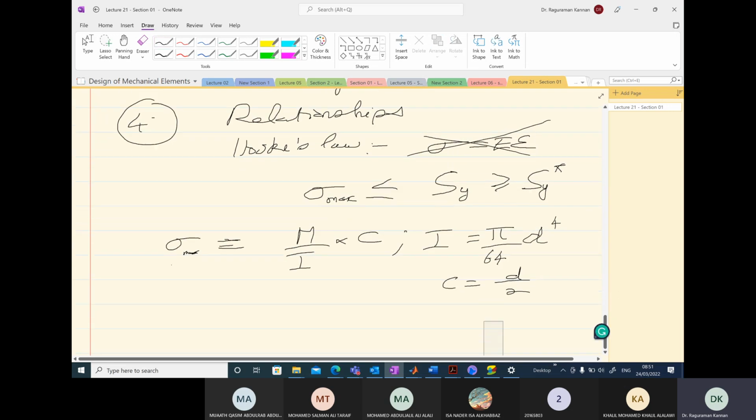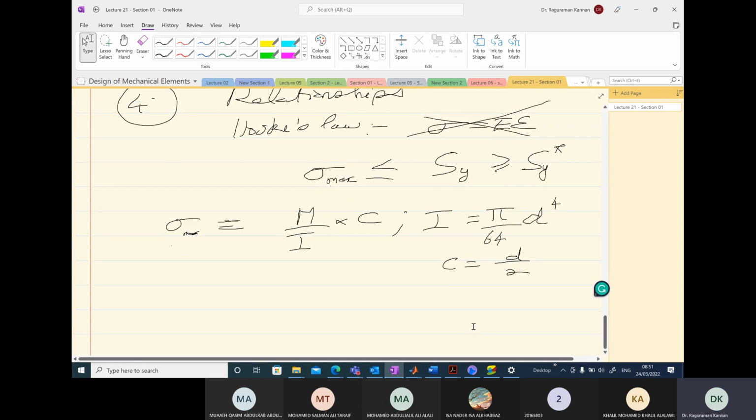So based upon this formula, since I've assumed it is a beam, I'm going to also assume it is a cantilever beam. So I can express my bending moment in the form of force times length, maximum.